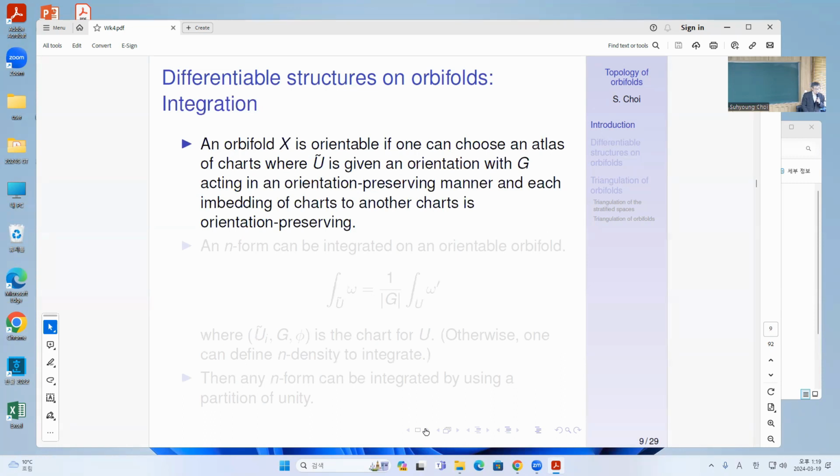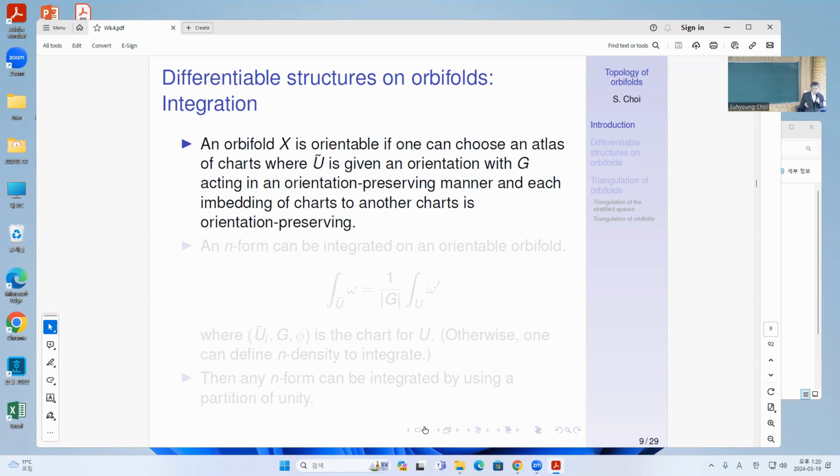And also, an orbifold is orientable if you can choose an atlas of charts where U tilde is given an orientation with G acting in an orientation preserving manner, and each embedding from one chart to another chart is orientation preserving. Okay, so you need to choose some sub atlas which satisfies this property, which preserves all the orientation here.